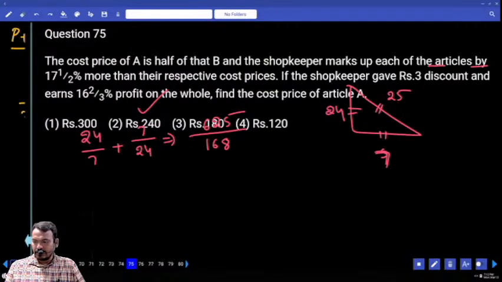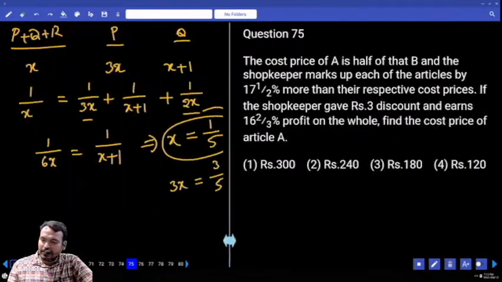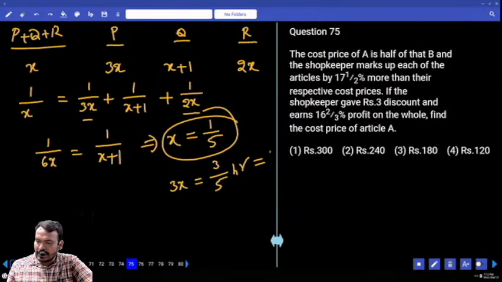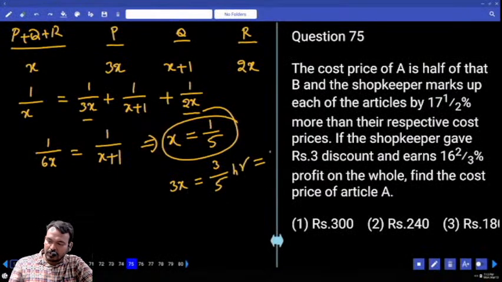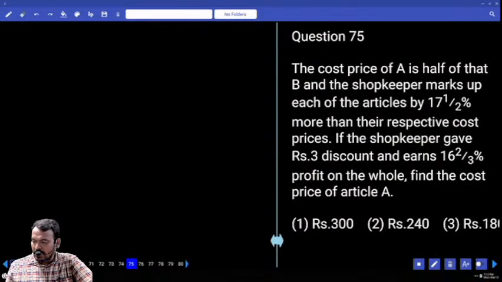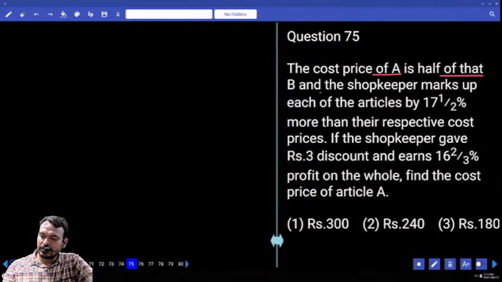It's 75. The cost price of A is half of that of which one? B. And the shopkeeper marks up each of the articles by 17.5% more than which one? Their cost prices. If the shopkeeper gave 3 rupees discount and earns 16 2/3% profit on the whole, find the cost price of article A. A cost price is half of which one?